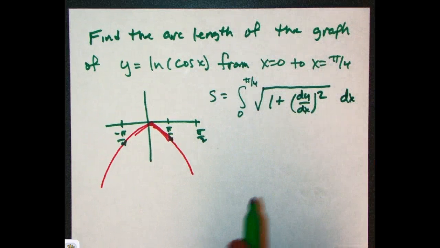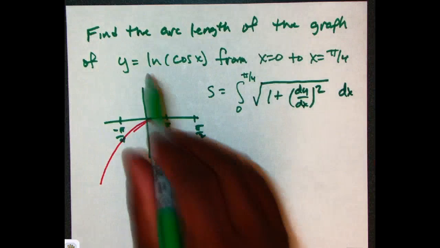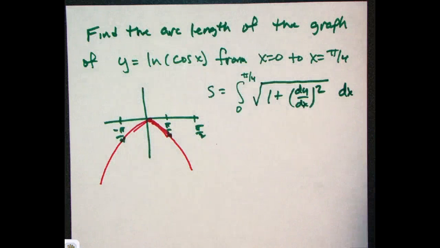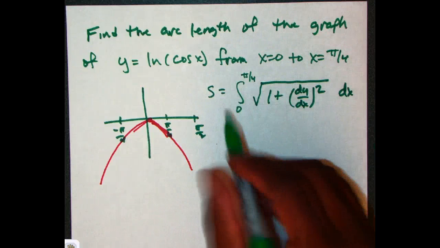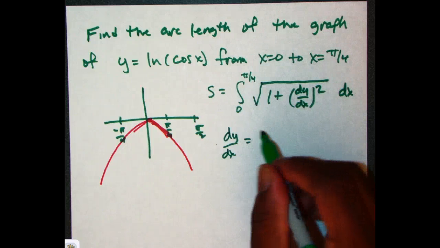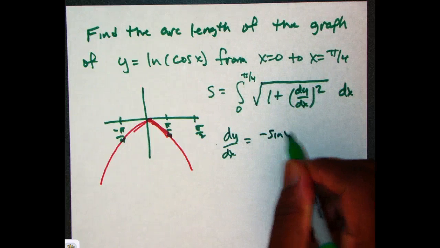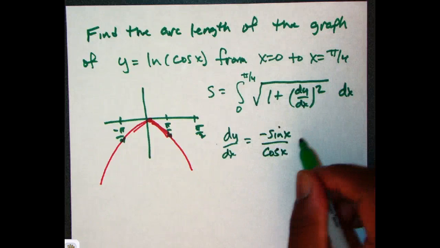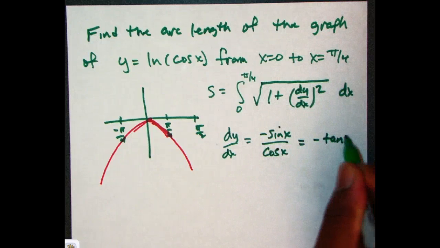So let's go ahead and find dy dx. If y is equal to the natural log of cosine of x, we know that the derivative of natural log of u is u prime over u. The derivative of cosine is negative sine. So dy dx is going to be negative sine of x over cosine of x, or negative tan x.